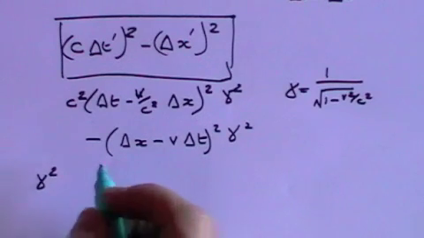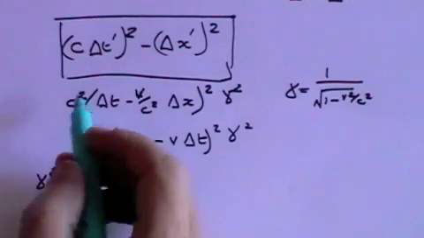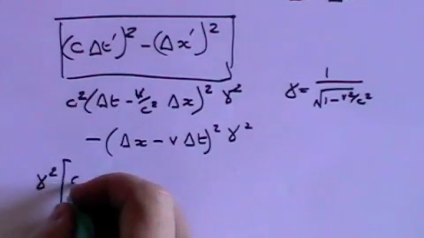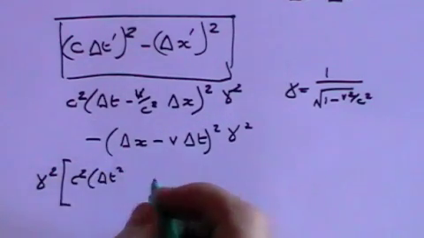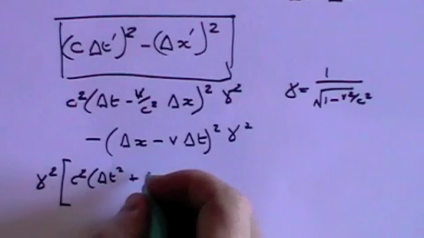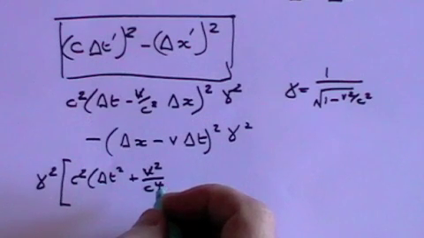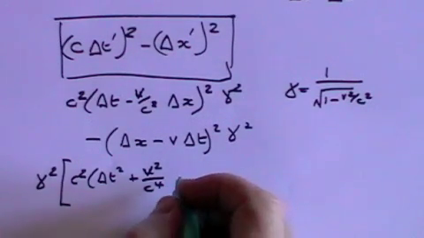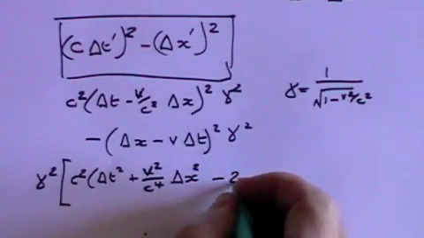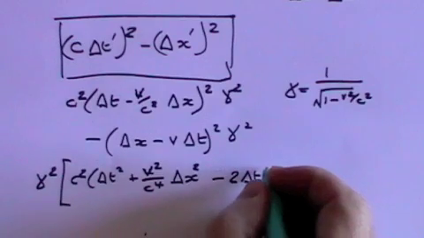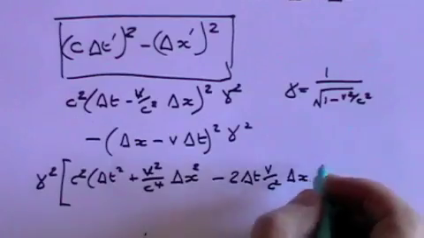Gamma squared comes outside and multiplies absolutely everything, and that will be c squared times delta t squared plus v squared over c to the fourth, I keep mixing up u's and v's, it should be v, times delta x squared, minus 2 delta t v over c squared delta x.